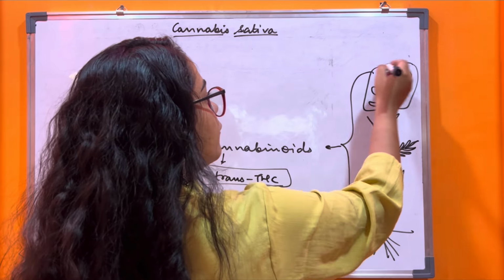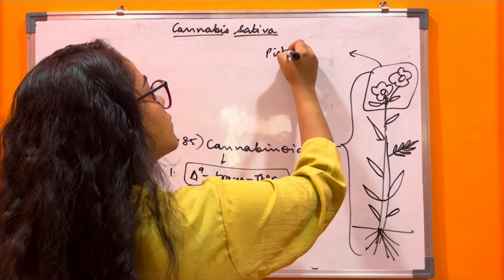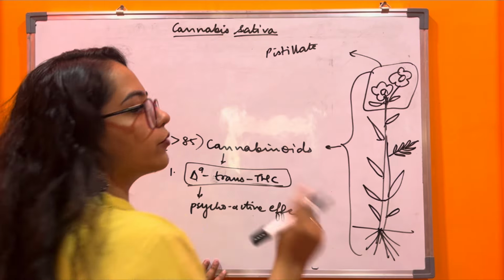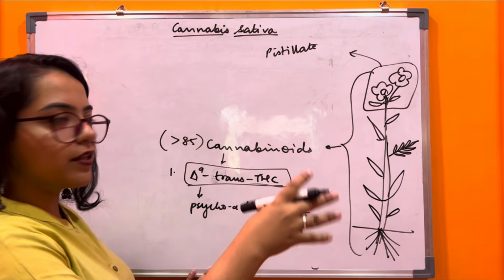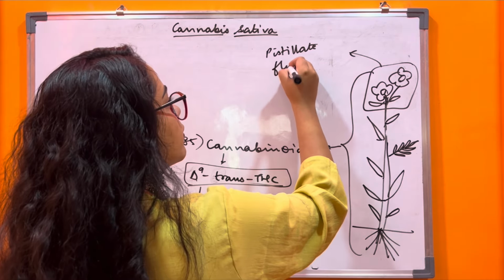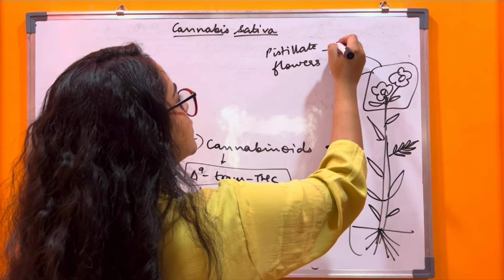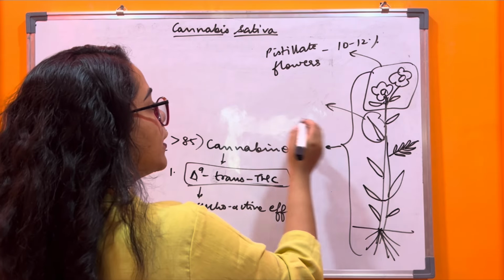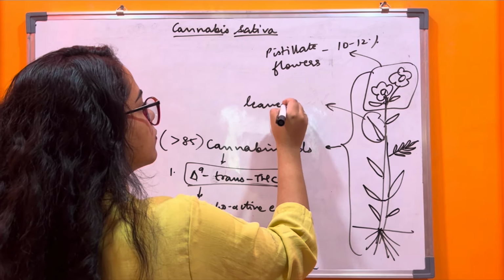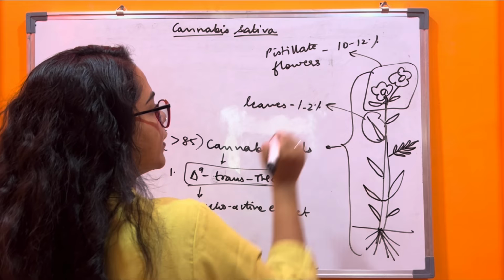So in the pistillate flowers, we have studied about it all in our previous video. You can watch the previous video for these references, but I'm just summing up whatever we have studied. In the pistillate flowers, 10 to 12% of THC is present. In the leaves, 1 to 2% THC is present.